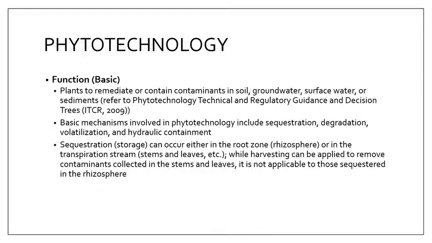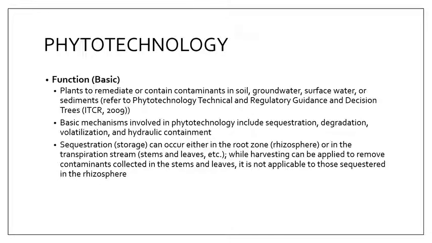Okay? Now, the basic mechanisms involved in phytotechnology include sequestration, meaning extraction of the contaminants, degradation or the breakdown, volatilization or evaporation of your contaminants, and hydraulic containment, meaning your plants can create a permeability barrier to contain your contaminants.